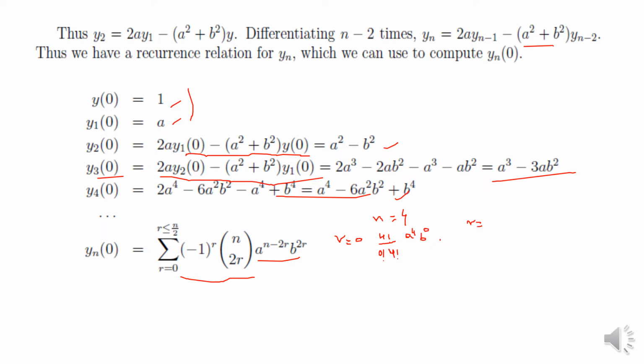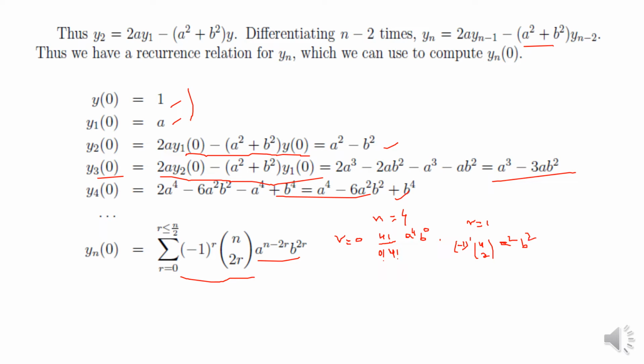Now when we take r is equal to 1, that is minus 1 to the power 1, that is a minus sign, and n is 4, and this will be 4 choose 2, and a to the power 2 and b square, a square b square.